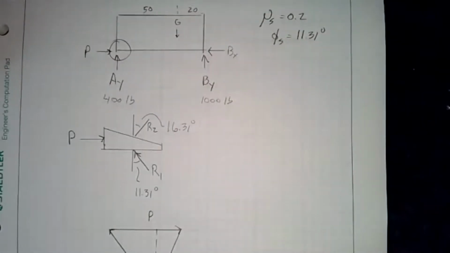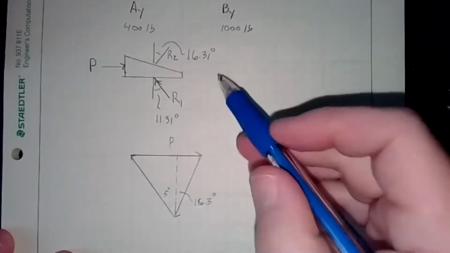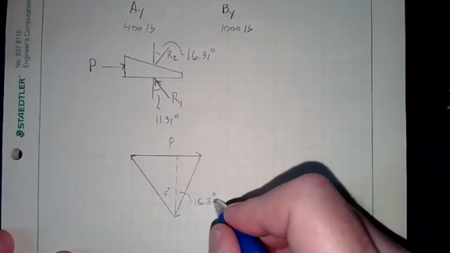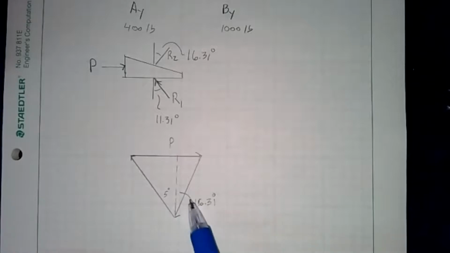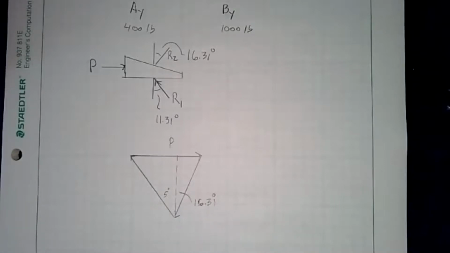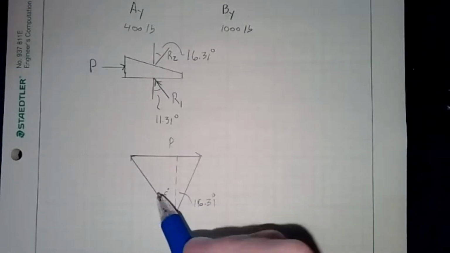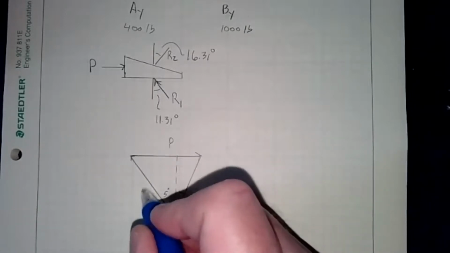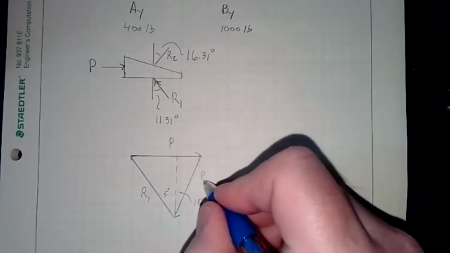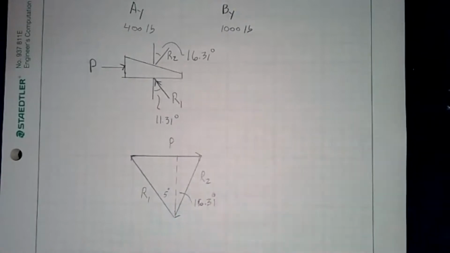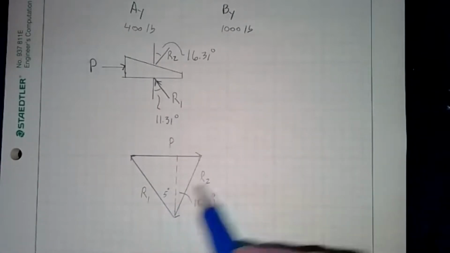Yeah, this is 16.3 degrees, so 16.31 degrees. So there's 5 degrees and 16.3, sorry for the total mismatch in ratio. So this one over here is my R1, this is the R2 value. But again, we don't really care about those per se.